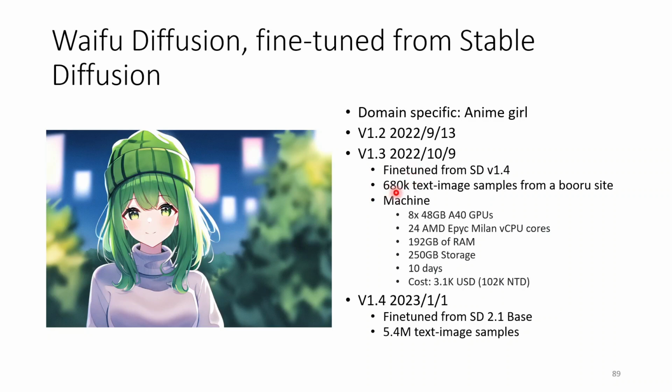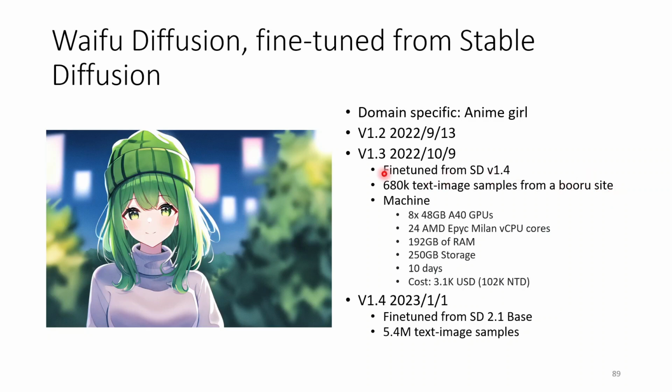There are 680K text to image samples. All of them are comics, and they compile the data set from a Booru site. It's a website. On the website there are abundant comic images, but they also need text.